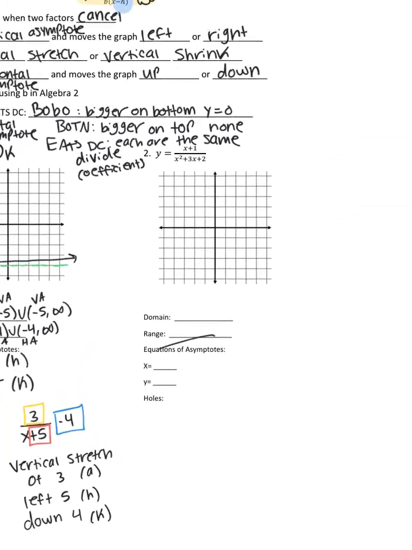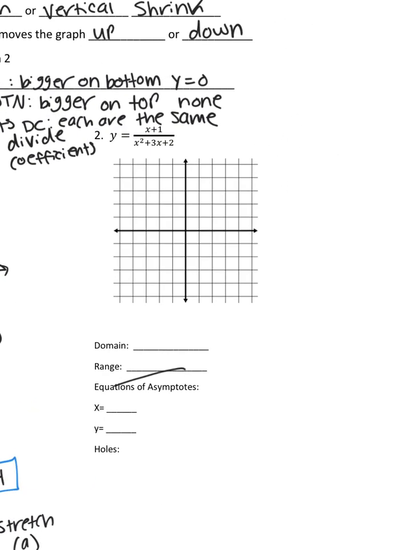All right, number 2. On this one, we are going to have to do some simplification. Notice at the bottom is a quadratic. Whenever we see a quadratic, we want to factor it. So I want to factor 2 on the top and 3 on the bottom. My factors are going to be 2 and 1.